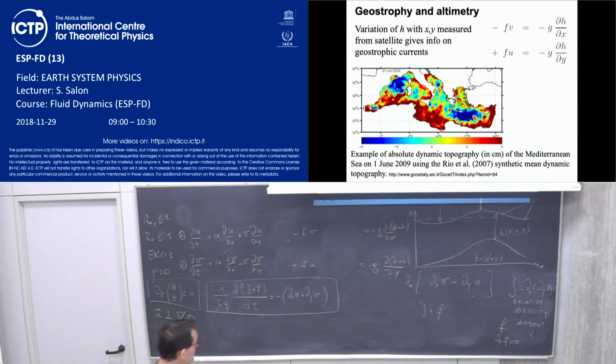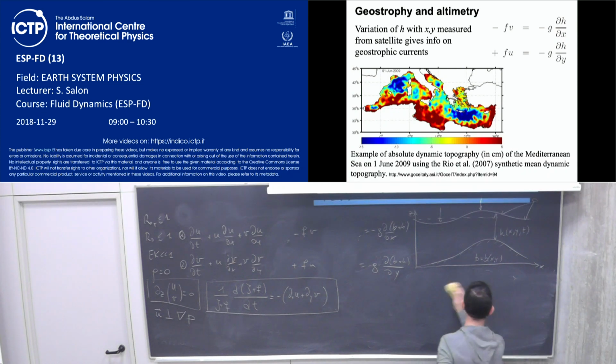So if we recover the other equation, the equation of continuity, that was written like dh over dt.